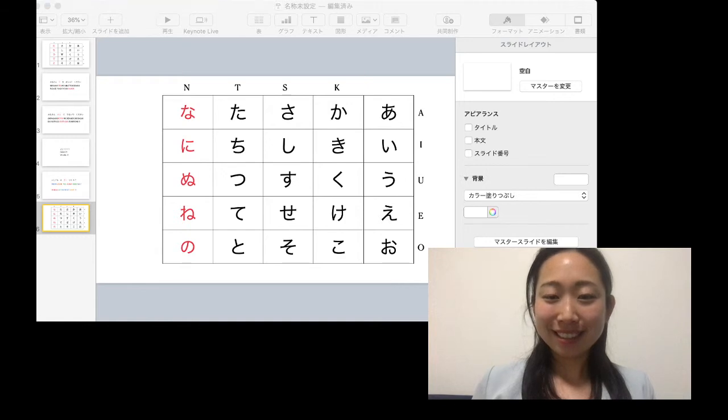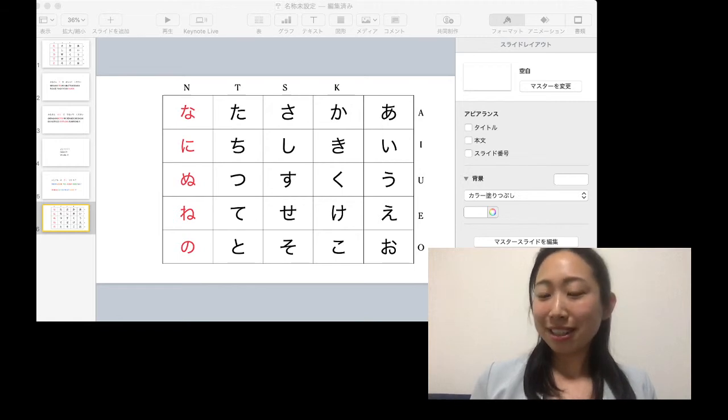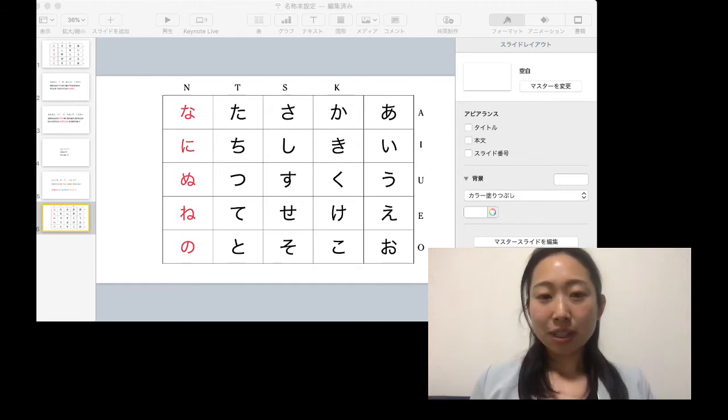Now you know the structure of the Japanese letters, so I think it's already pretty easy for you. Na, ni, nu, ne, no. Let's start from a, just to remember.